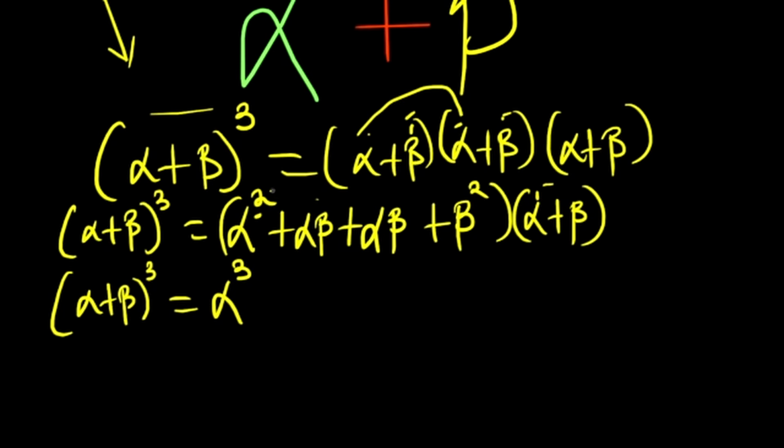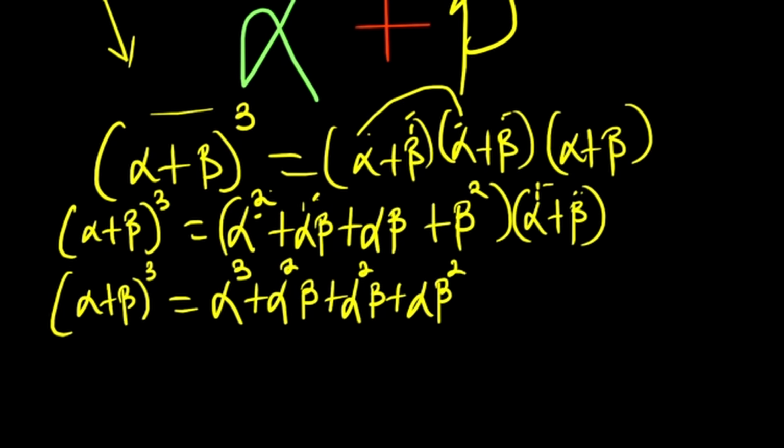Next, alpha squared times beta will give you plus alpha squared beta. Now let's multiply again. Alpha beta times alpha will give you plus alpha squared beta. Then alpha beta times beta will give you plus alpha beta squared.